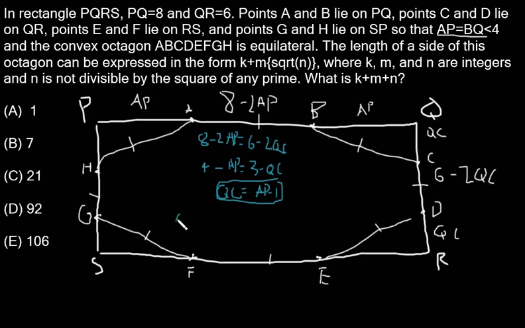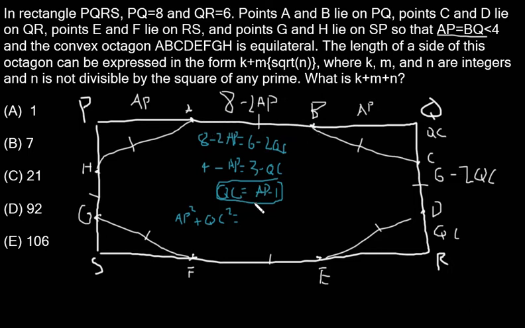Let me write that down. AP squared plus QC squared is equal to BC squared. And what is BC? BC is 8 minus 2AP because these both are equal to each other.